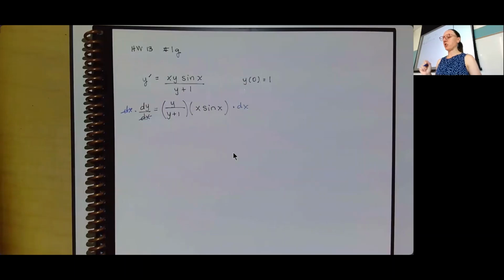There is a question in the chat that I do think is important to address. It kind of just comes down to how fractions work.